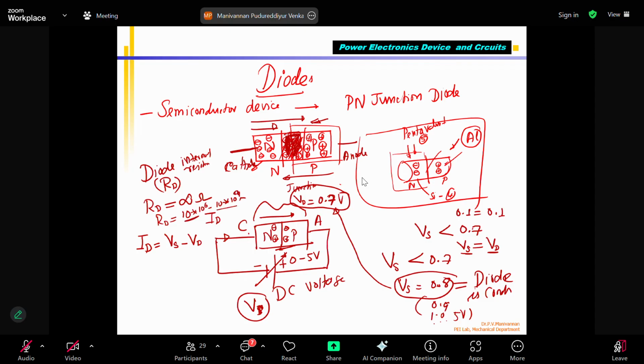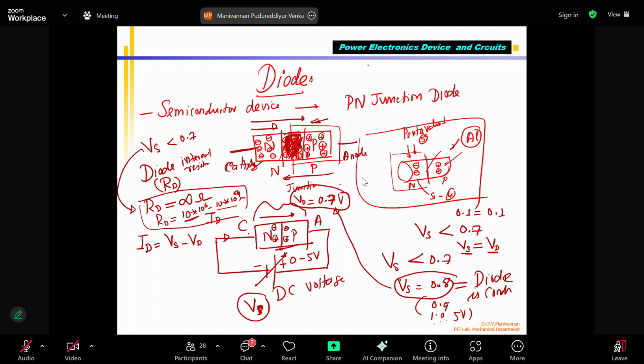That's also a very big number. Theoretically, the resistance should be infinite. When Vs is lesser than 0.7 volts, that time the RD will be infinity theoretically. Practically it will be 10 megohm or 10 gigaohm, something, depending on diode characteristics, doping, all these things.